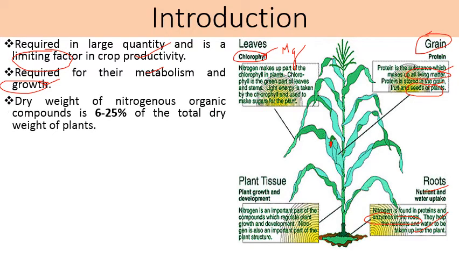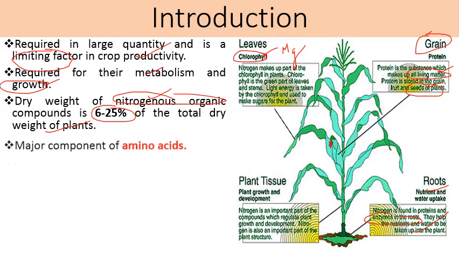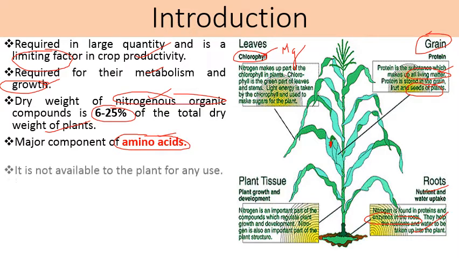If we talk about the percentage by weight of proteins or nitrogen in plants, the dry weight of nitrogenous organic compounds is 6 to 25% of the total dry weight of the plant. Most importantly, it is the main component of amino acids, and amino acids are the building blocks of proteins.